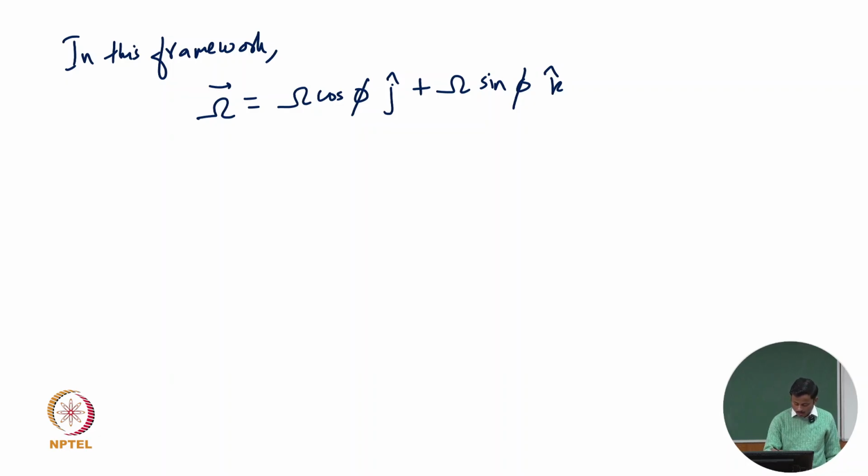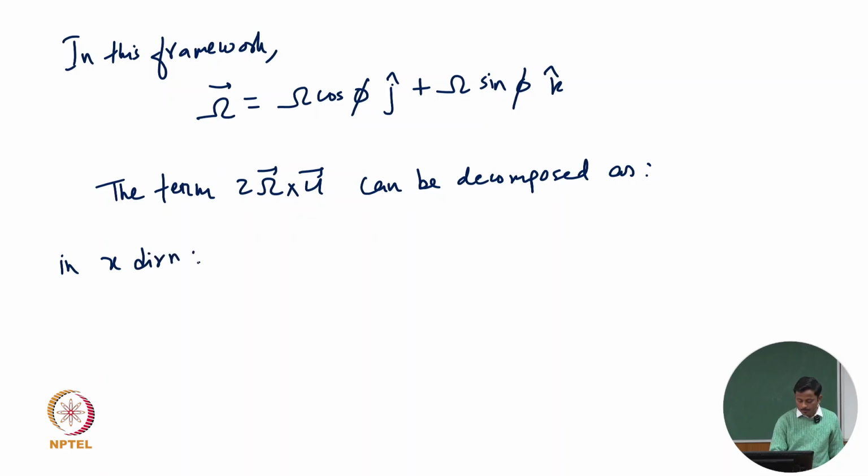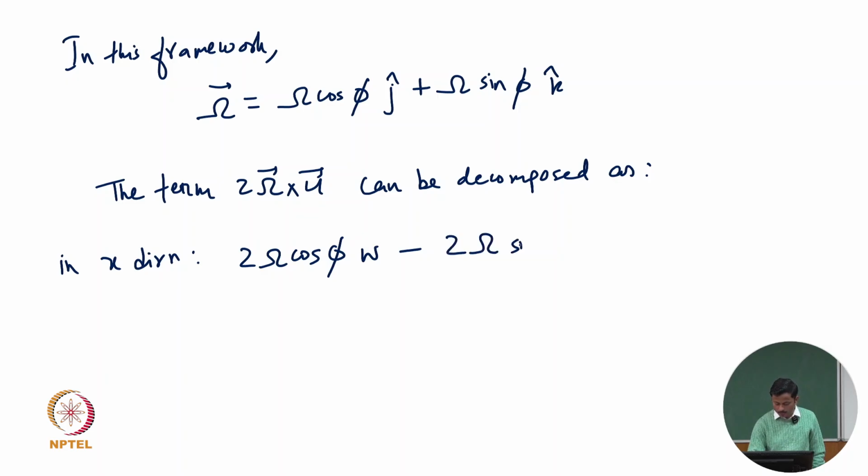So in component form, the term 2 omega cross u can be decomposed as, in the x direction, 2 omega cos phi times the vertical velocity minus 2 omega sin phi times the y velocity.